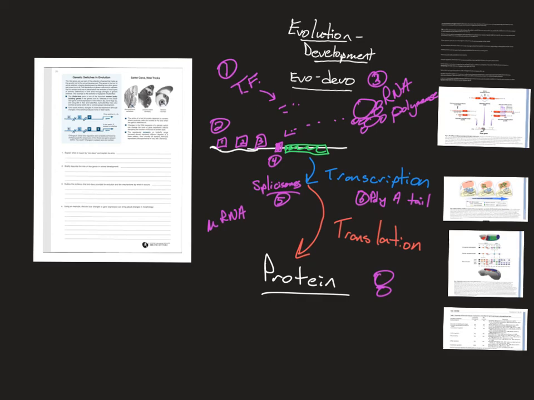So you can use microRNA to stop the mRNA from making a protein. You can control it at translation.